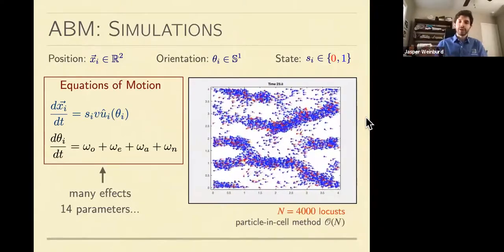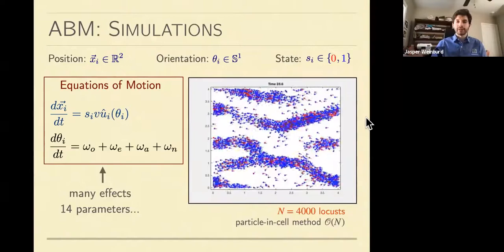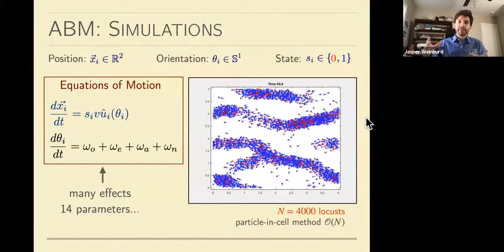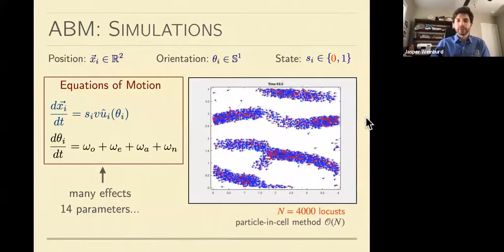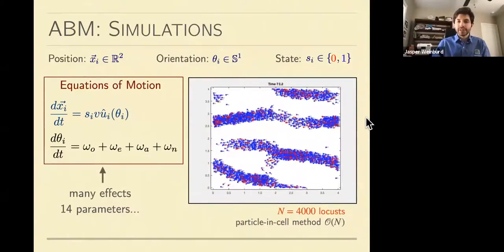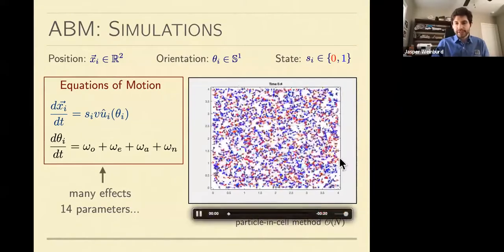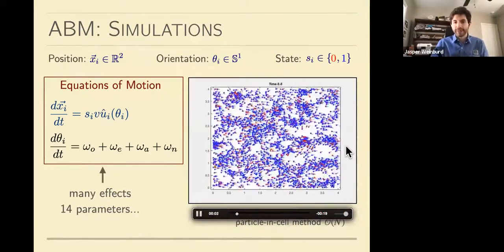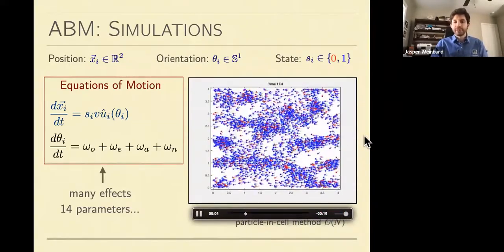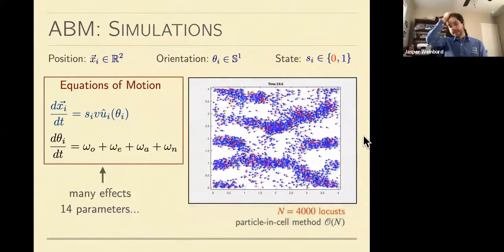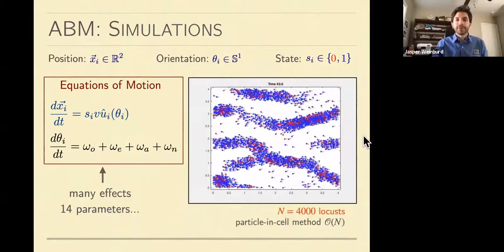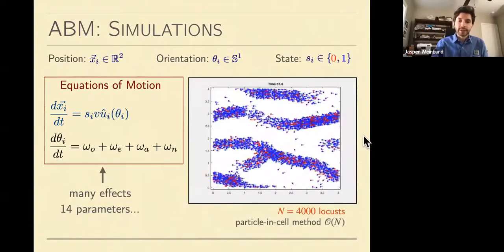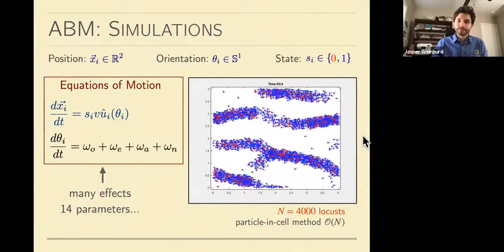So this is not an order n squared simulation anymore. You only compare them to those which are in that finite range of attraction or repulsion. So these 4,000 locusts run on my MacBook, my laptop, basically in real time. And you can scale it up with better, heavier machinery and using that parallel computing.